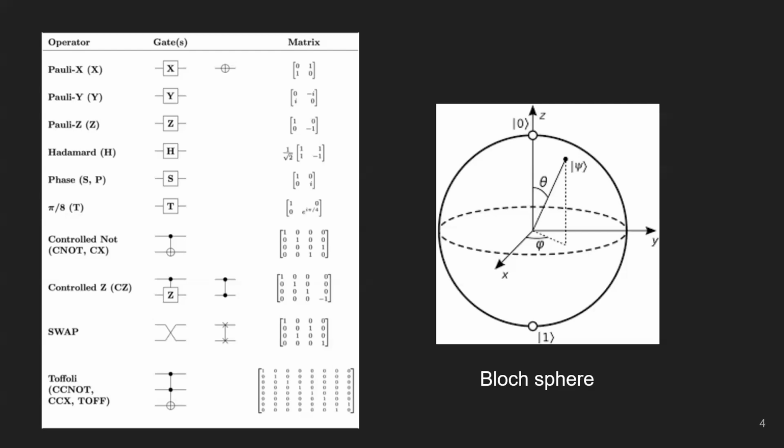Controlled NOT, controlled Z is kind of good to know. Swap and Toffoli. Who can tell me what the controlled NOT does? Don't worry about the Bloch sphere anymore, but in terms of a quantum circuit representation.